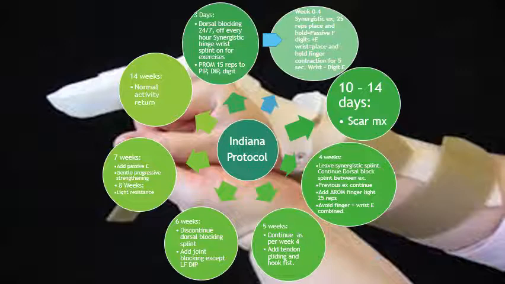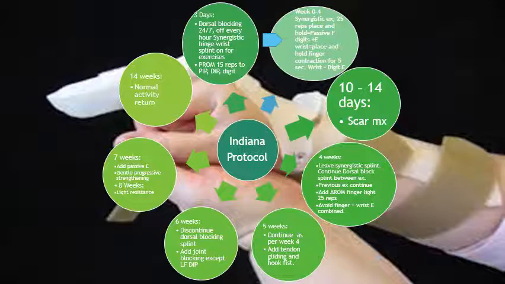Then another orthosis will be made, which is called the synergistic orthosis with a hinge. And it allows full wrist flexion and up to 30 degrees of wrist extension. But the MPJs is blocked at 60 degrees of flexion. And again, the IPJ is allowed to 0 extension.